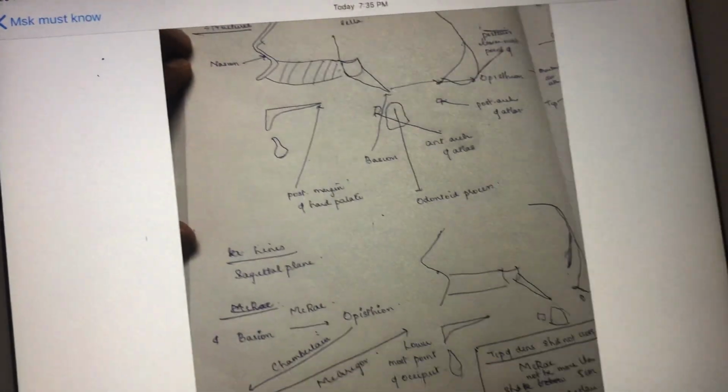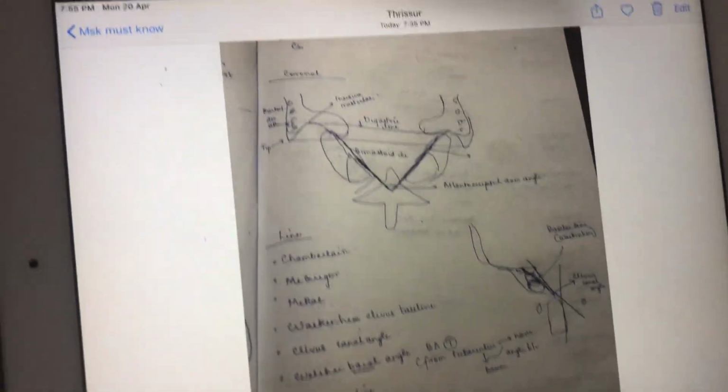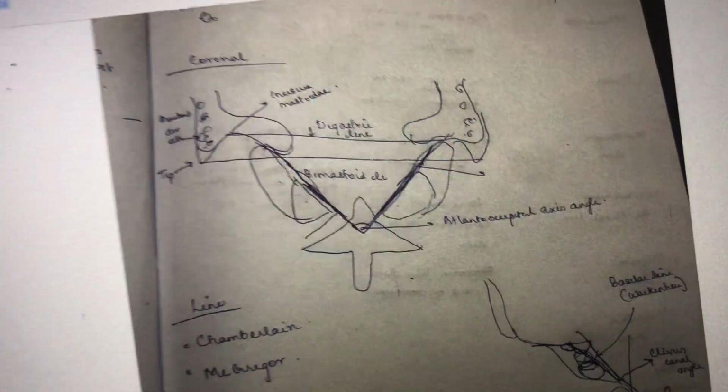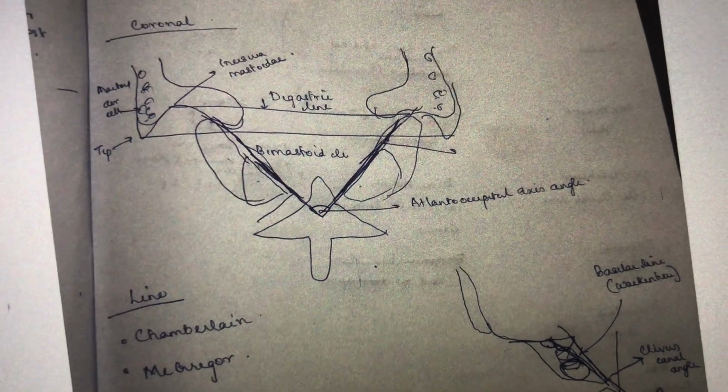So these are the basic things you need to assess for basilar invagination.